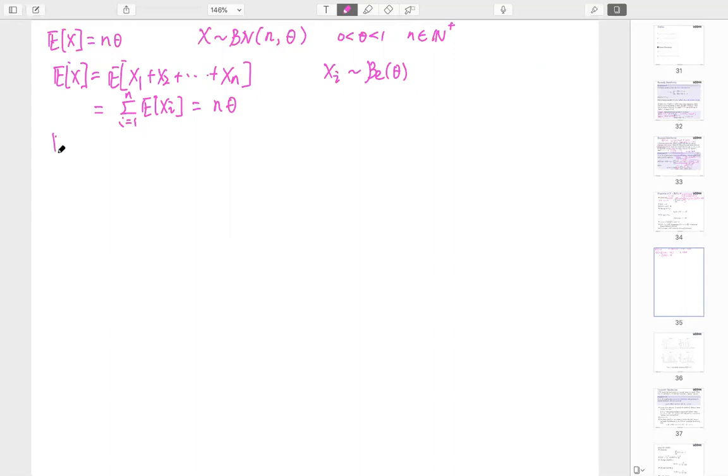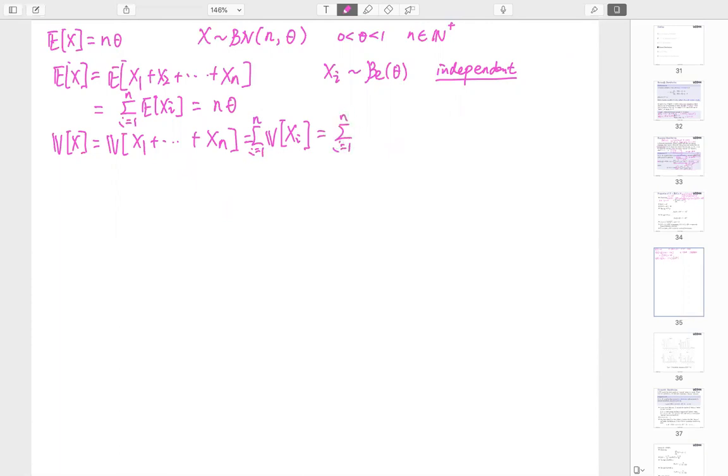Of course, by the same reasoning, I can do the variance as well. Because they are independent, all the Xi's are independent, the variance of the summation becomes the summation of variances.